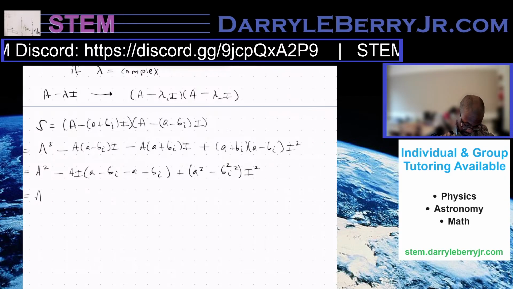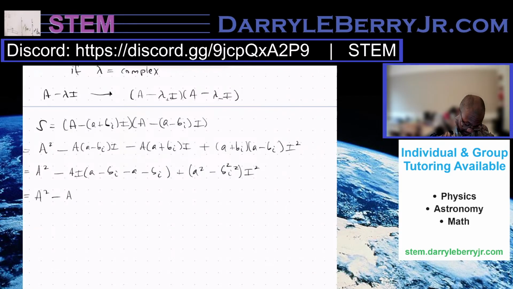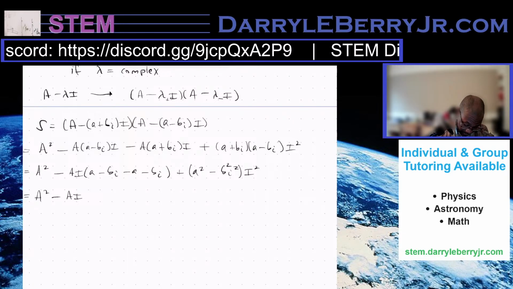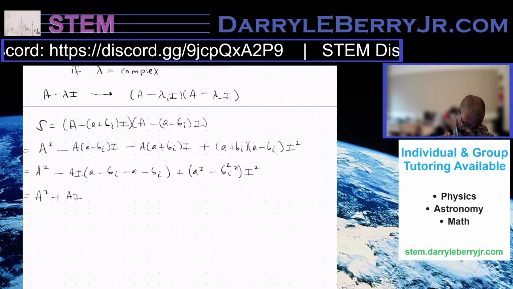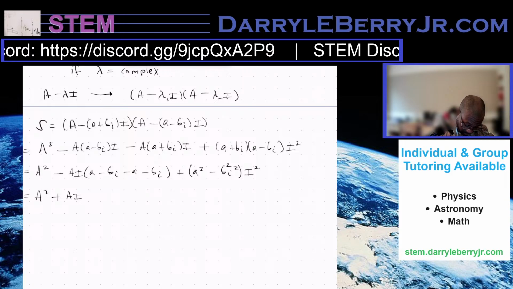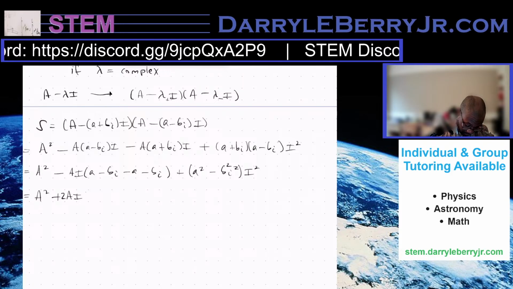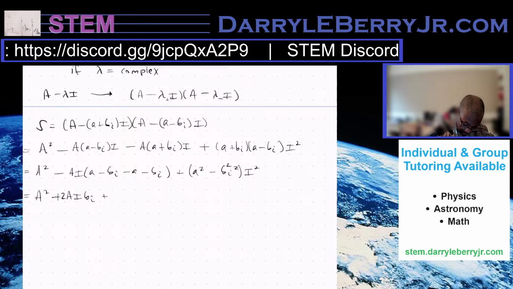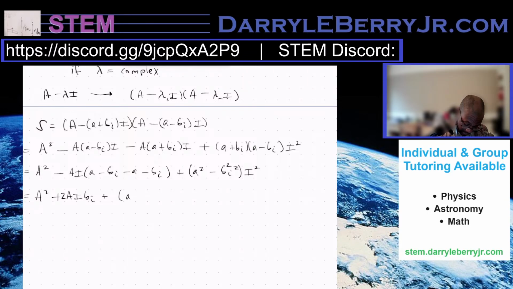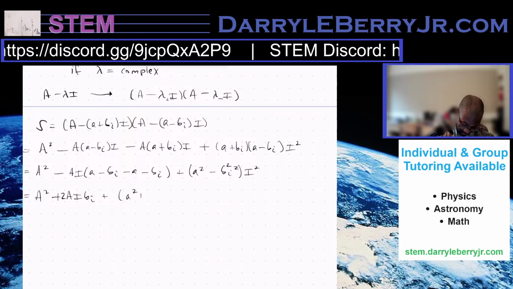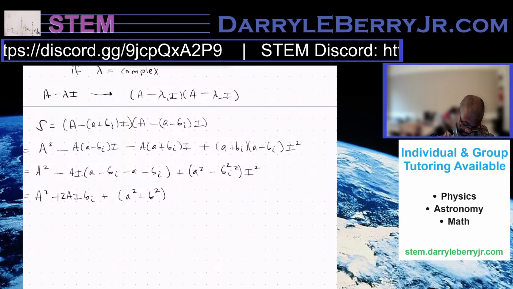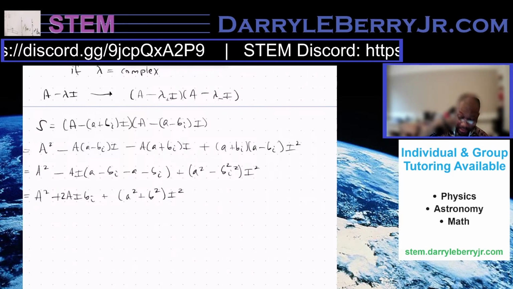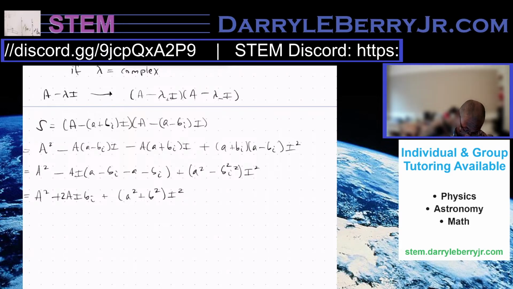So that equals a squared minus a i, so plus 2bi, plus a squared plus b squared i squared. And let's see if I'm getting closer to what they had.